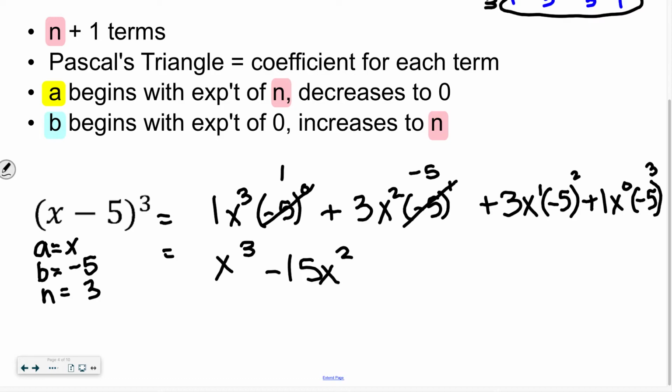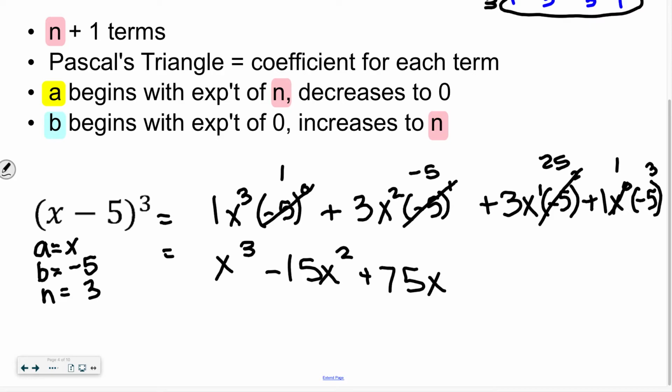All right, next one. What's going to happen with negative 5 squared? Going to be 25. And then I have 25 times 3, which is 75x. And then on the last one, x to the 0, we had mentioned was really just going to be 1. And then negative 5 to the third, negative 125.